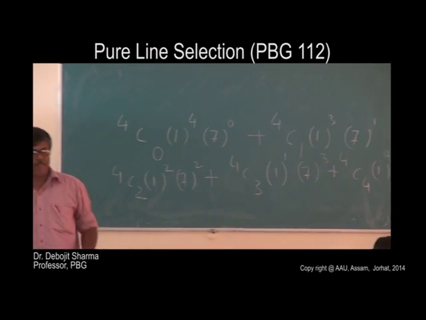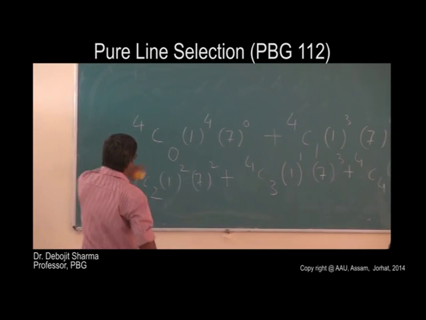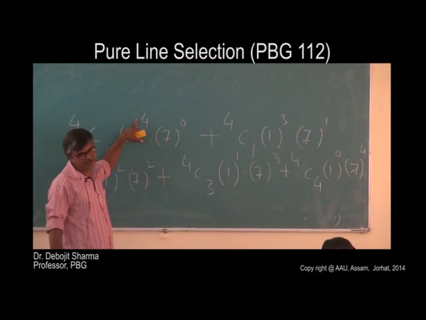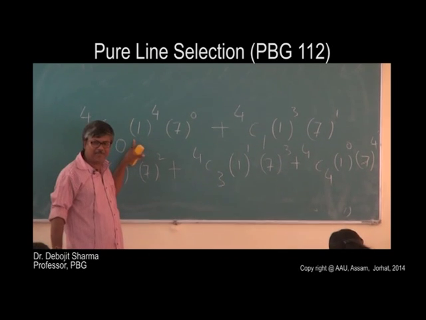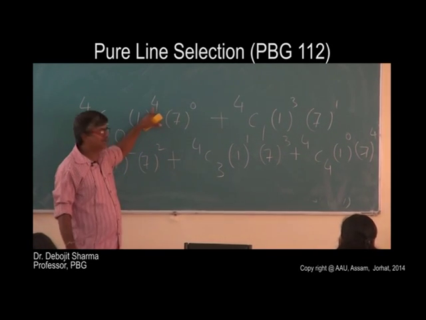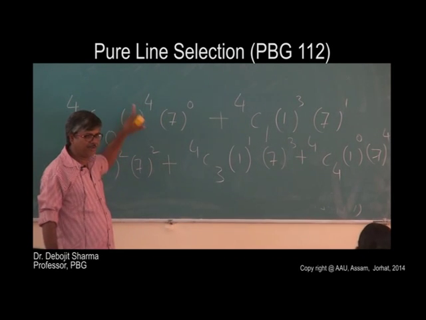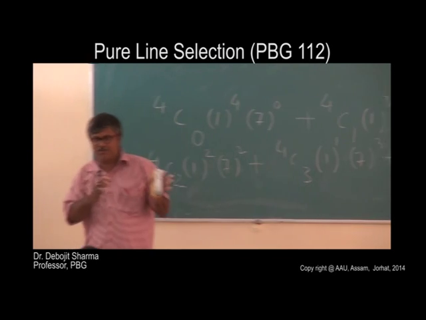Now you solve one by one. And here you see in the first term, that is to the power 4. This indicates that there are 4 heterozygous genes. So solving the entire term will give you the number of individuals having 4 heterozygous genes. As I told you, the first term in the binomial expansion is 1 and the second is 7.